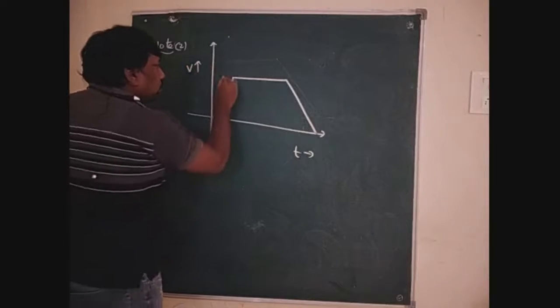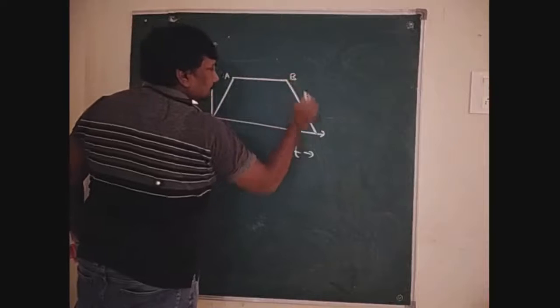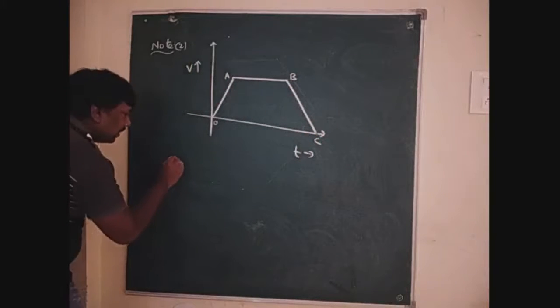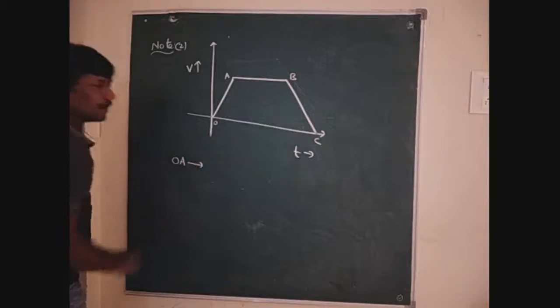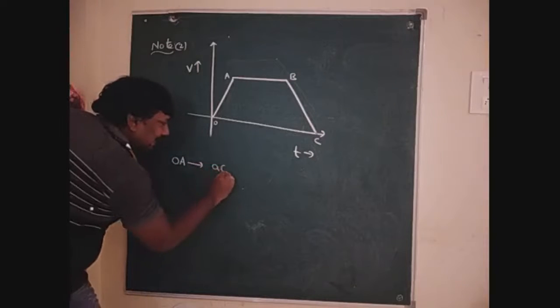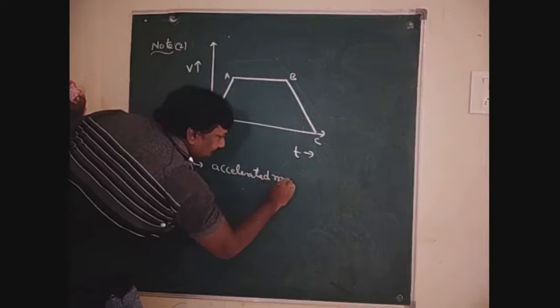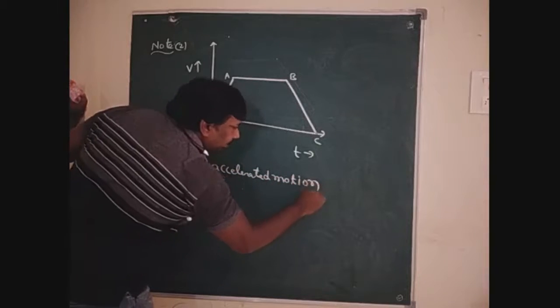This is O, A, B, C. In this graph, the OA line represents accelerated motion of the body.